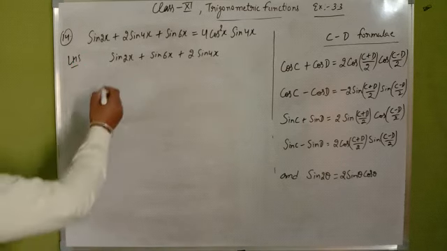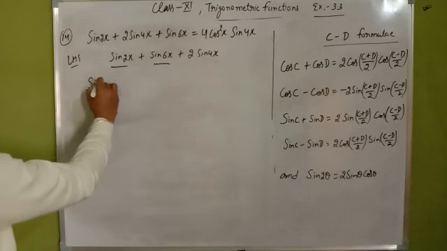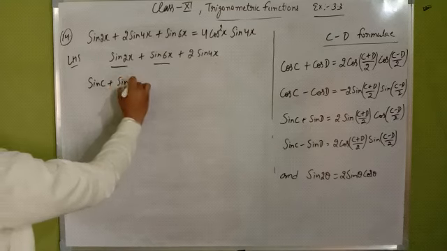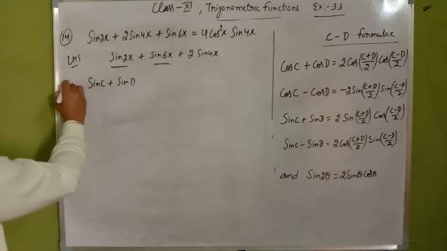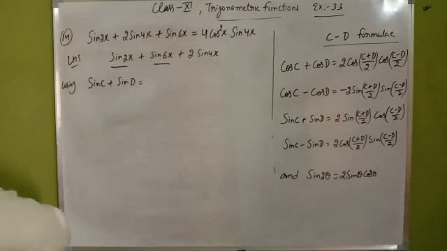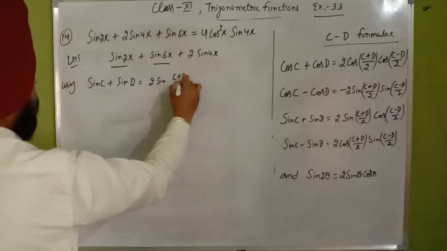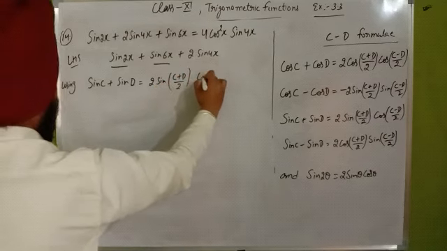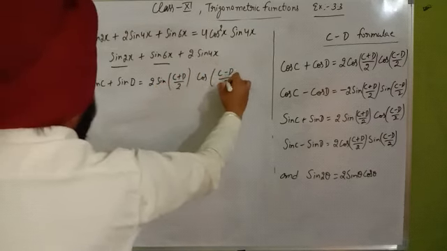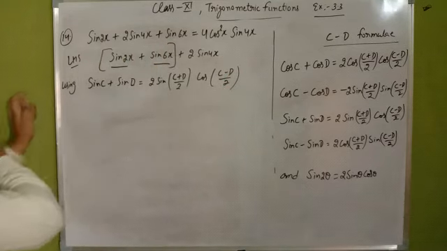Now you can check here, we can apply the formula sine c plus sine d in the first two terms. Using the identity, sine c plus sine d is equal to 2 sine (c plus d upon 2) into cos (c minus d upon 2). So we have to apply the identity on the first two terms only first. Clear?